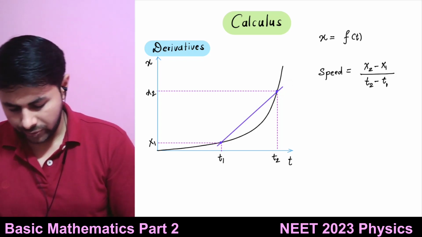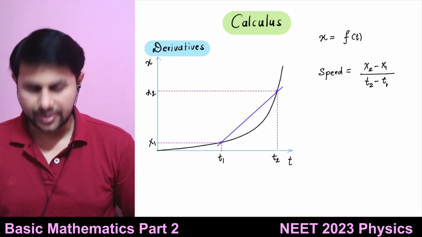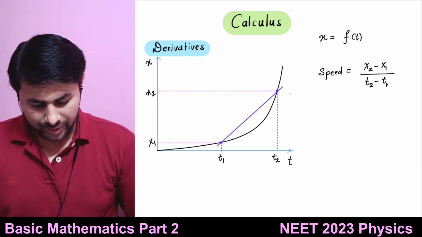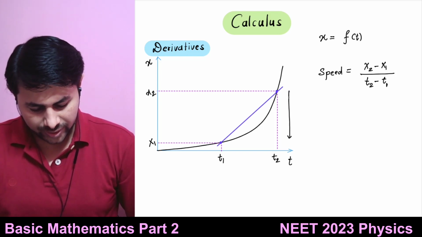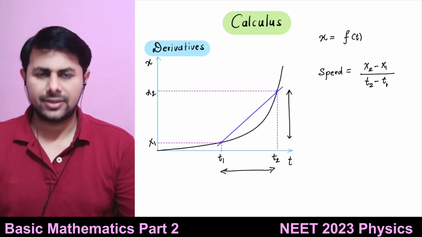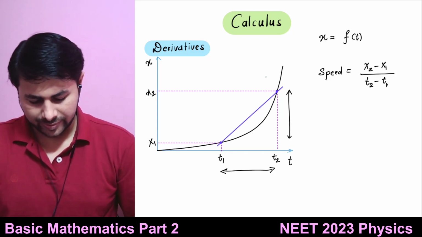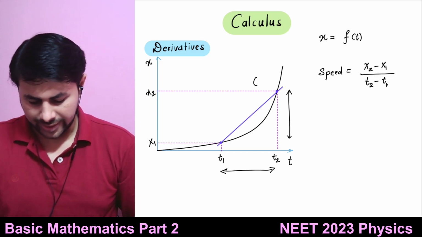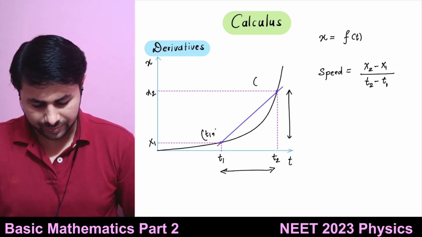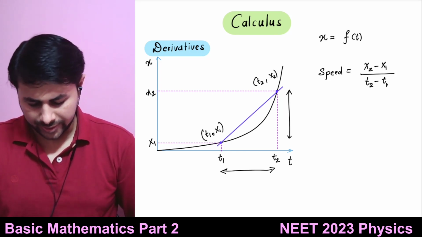So how do we find slope? We take rise over run. Now what do you mean by rise over run? Change along the vertical axis divided by change along the horizontal axis. That's my slope. These points can be written as t1, x1 and t2, x2, right?